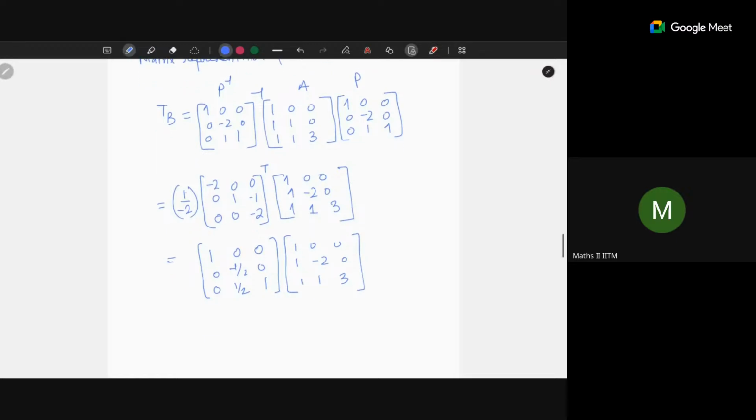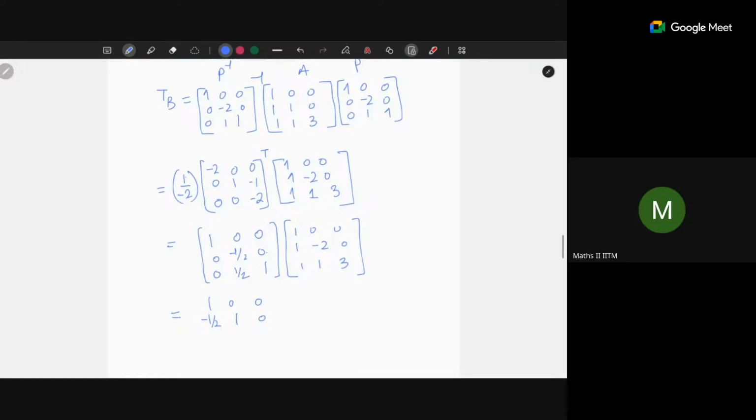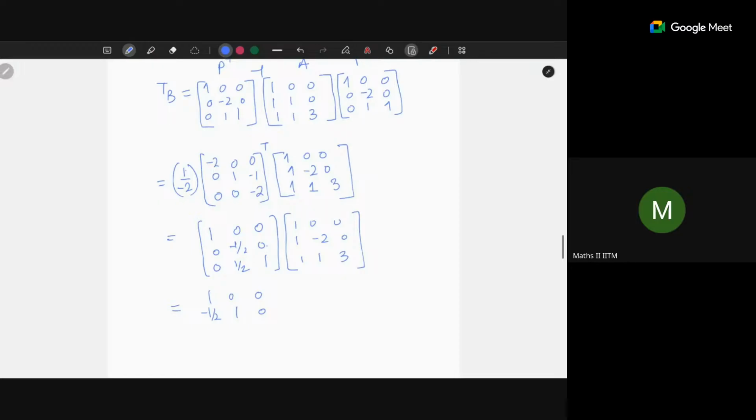Okay, so now just multiply. So we will get 100, and then it will be half. Half plus 1, so it is 3 by 2.